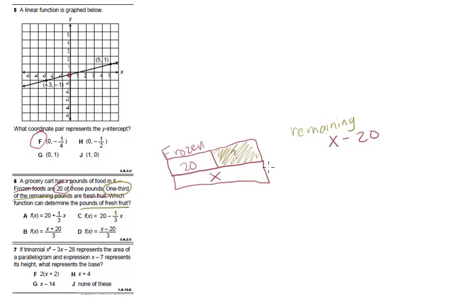If I were to divide this remaining amount into thirds, 1/3 of this remaining amount is fruit. So I could take this remaining amount, divide it by 3, and that would be my fruit. So looking at this, the answer choice is D.